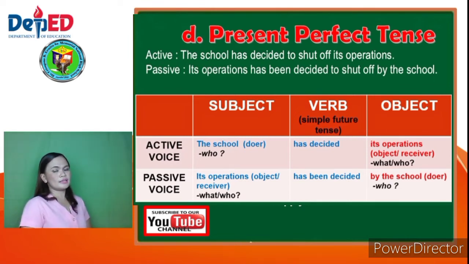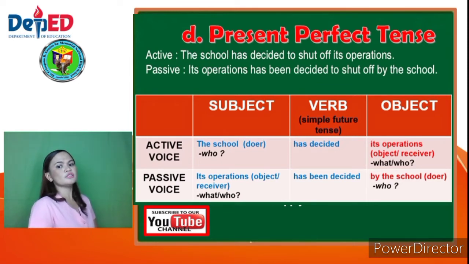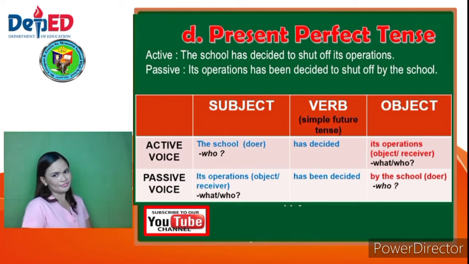In passive voice, has been is used together with the past participle form of the verb decided. Again, has is singular and have is plural. Has and have are present form as well. Since both subjects in active and passive voice are singular, we use has instead of have. In passive voice, has or have plus been plus past participle of the main verb decided should apply.